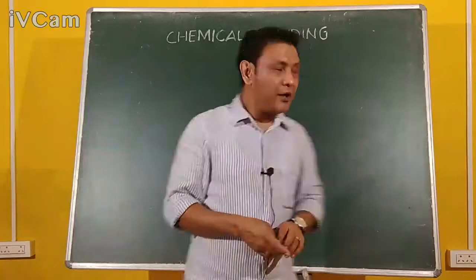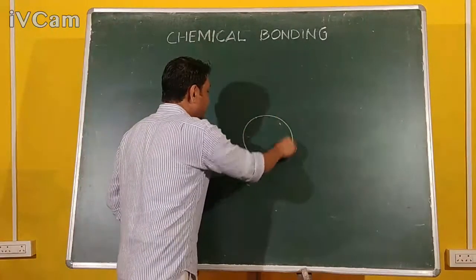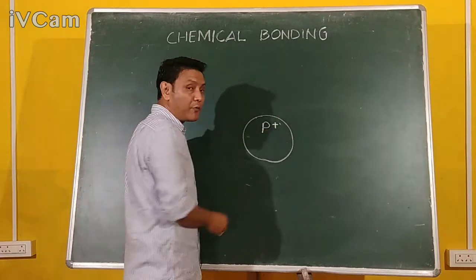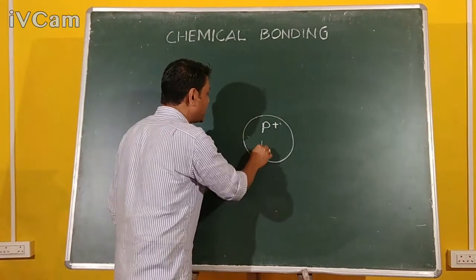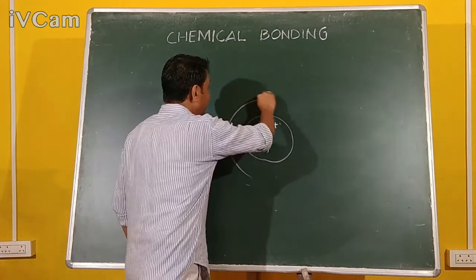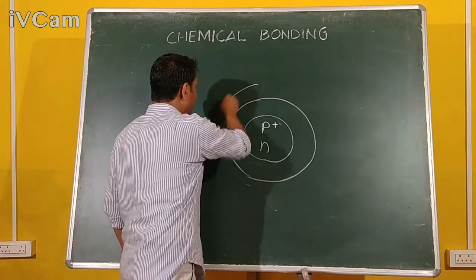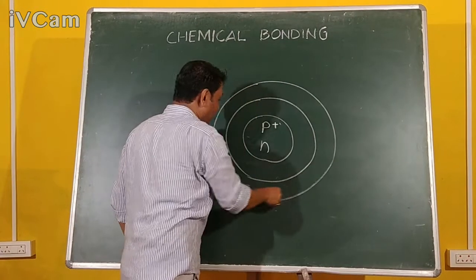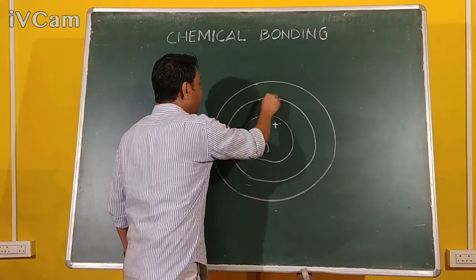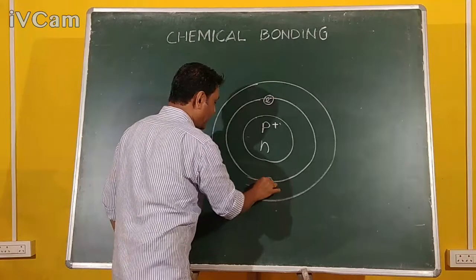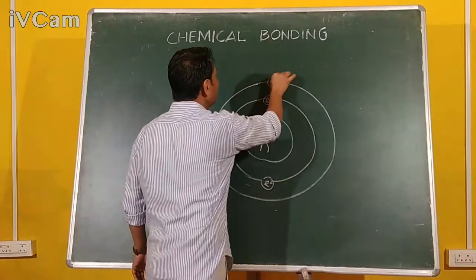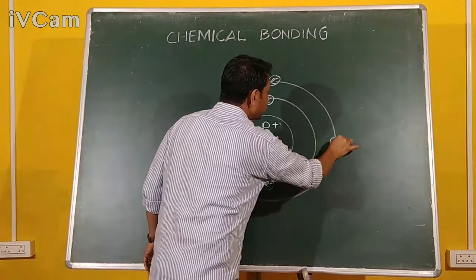The central part of an atom is called the nucleus, and we have protons, the positively charged particles, and the neutrons, the neutral particles. Around the nucleus we have orbits or shells, and in each shell we have electrons. Electrons revolve around the nucleus at a very high speed.